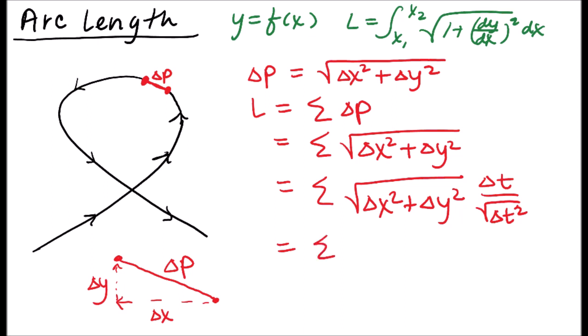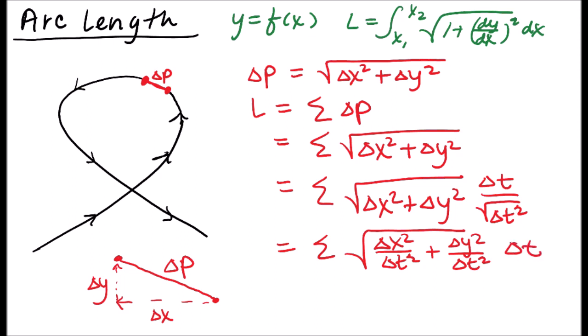And so I'm going to distribute that square root of delta t squared into the denominator. And so that would be delta x squared over delta t squared, and delta y squared over delta t squared. And then I'm still left with that delta t on the outside.